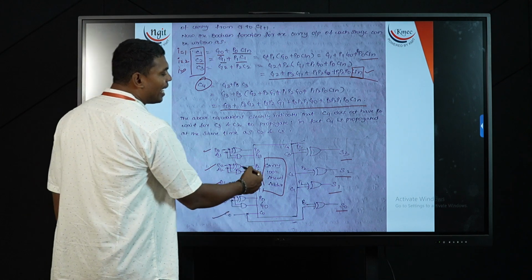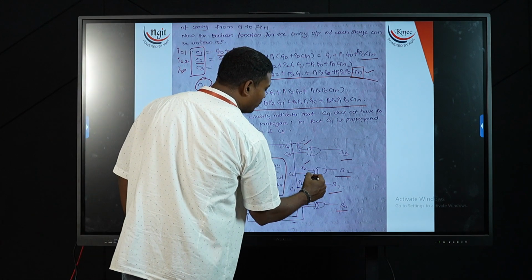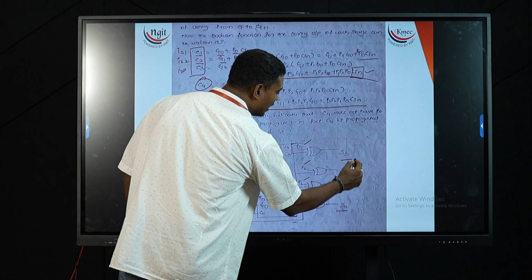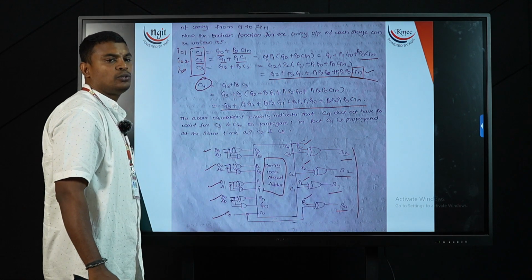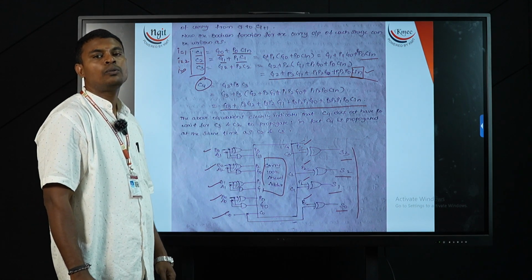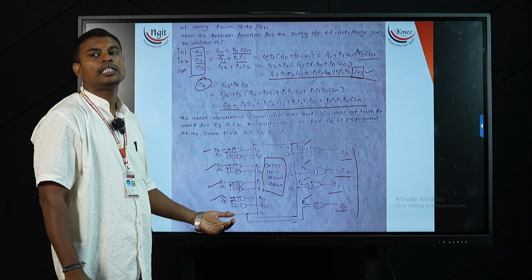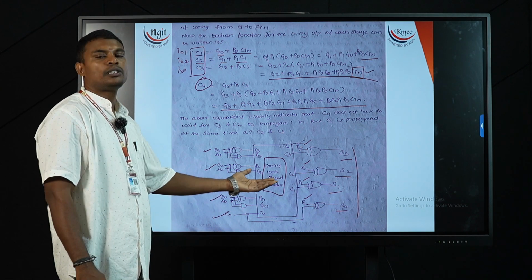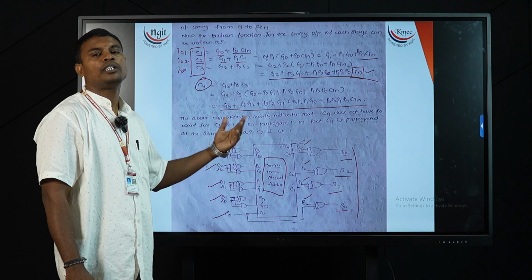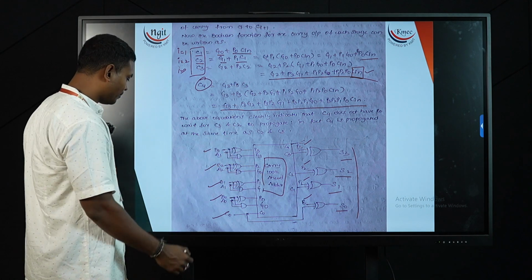And from there, I can propagate my values P3, P2, P1, P0 directly to generate my S3, S2, S1, S0. So this is how we use the technique for generation of sum values without depending upon my carry.